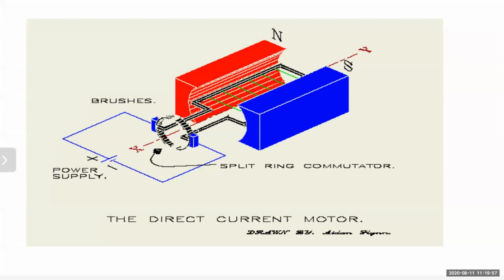There is a half rotation. After the half rotation, the two halves of the split ring, X and Y, come in contact with the carbon brushes, and again the current starts flowing in the direction DCBA.